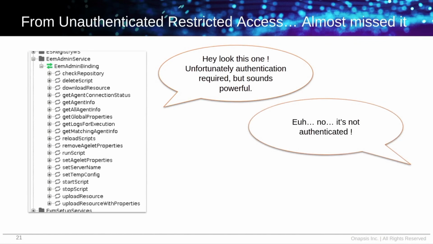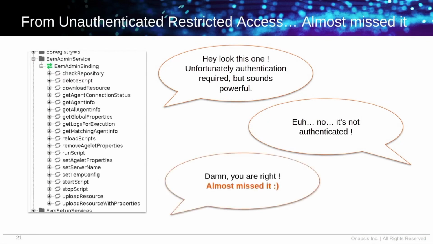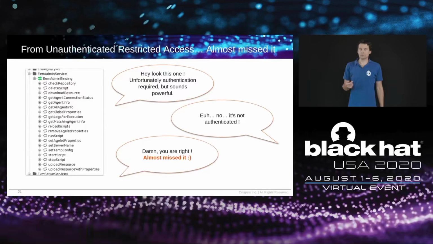And Patu sent me quickly back something like, no, it's not. So we double checked, and yes, it's not authenticated. There is no authentication needed to access this web service. So this is the entry point in this talk. I'll let Patu explain what we found exactly here.